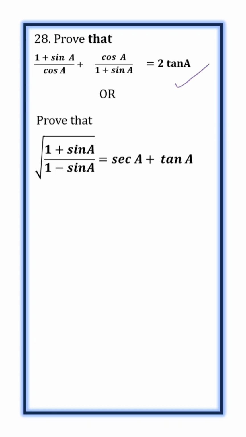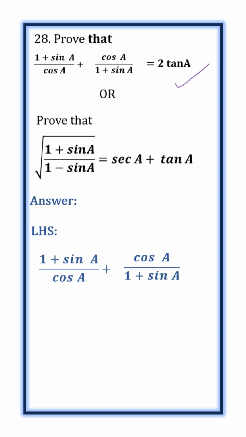What is LHS here? (1 plus sin A) upon cos A plus cos A upon (1 plus sin A). Now let us take the LCM. What is the LCM here? Cos A into (1 plus sin A).